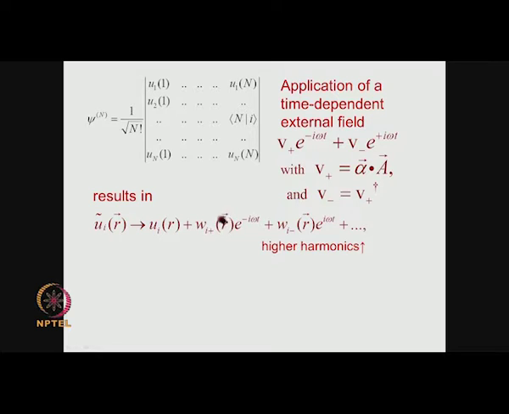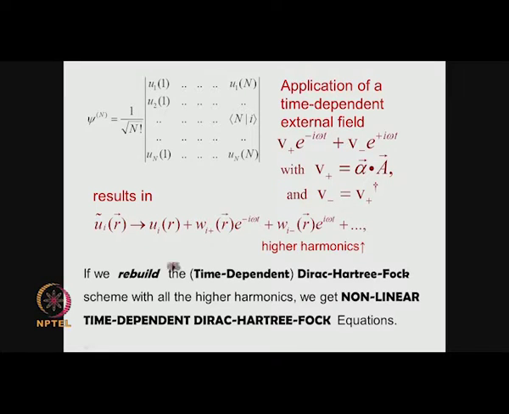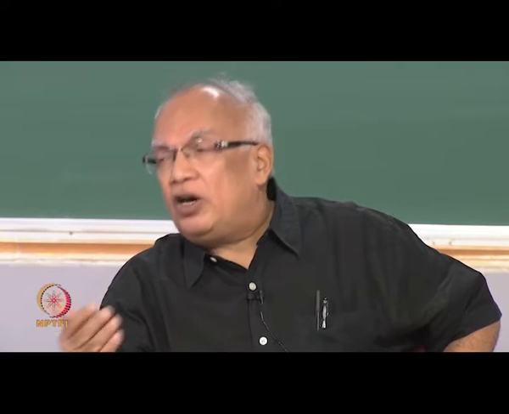So, this is the space dependent part and this is the time dependent part. These will be perturbed by these perturbed orbitals, the Wi plus and the Wi minus, and with these new 4 component functions you can rebuild a variational method. How did we get the Dirac-Hartree-Fock equation? How did we get the Hartree-Fock equation?